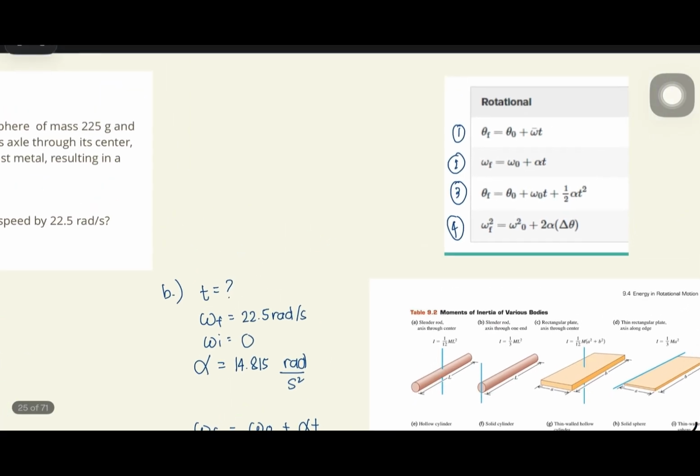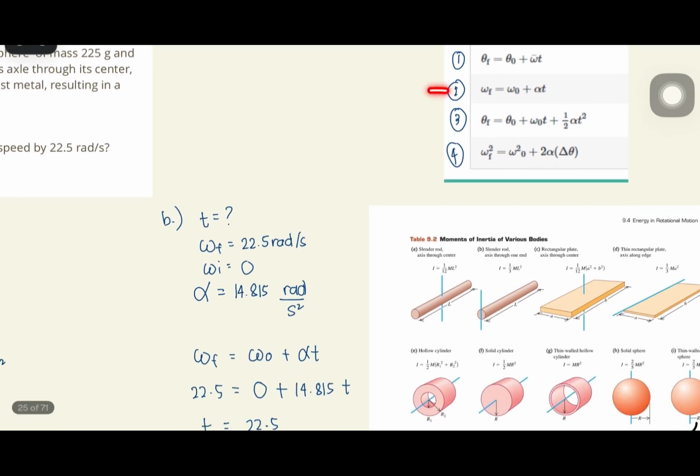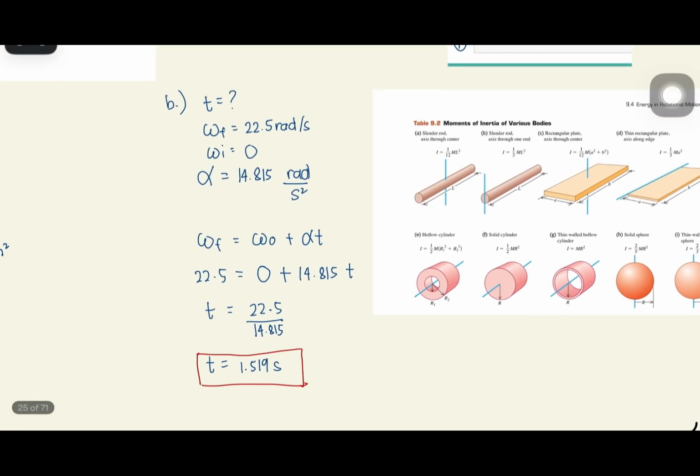Then next, check natin dito sa rotational kinematic yung applicable na equation para makuha yung time. Yung equation 2, yung gagamitin natin since yung tatlo nandito and isang unknown variable lang, which is the time.